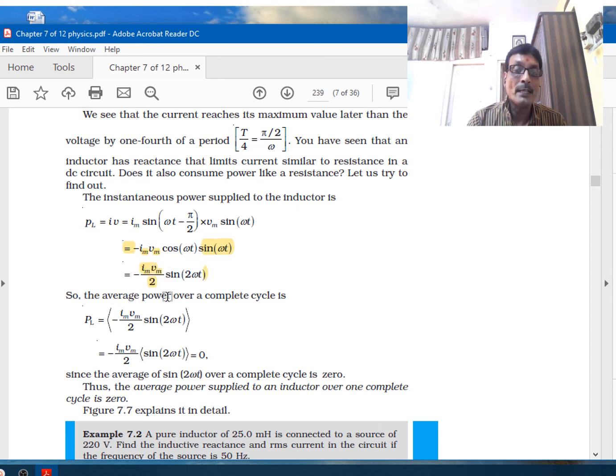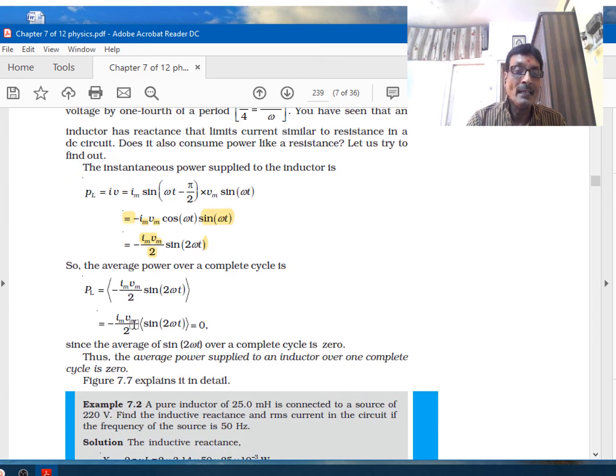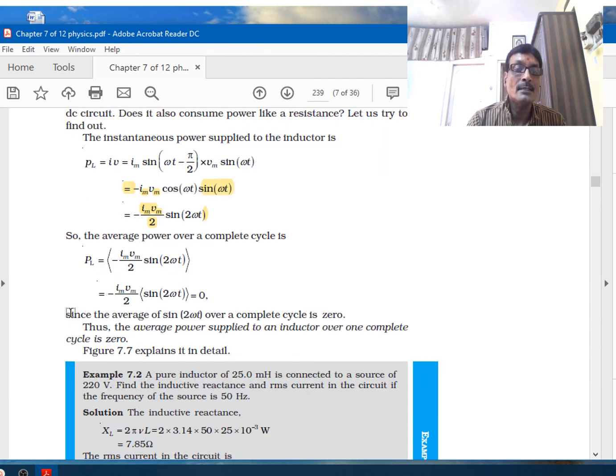But the average power over a complete cycle, PL, is equal to minus Im Vm by 2 sin 2 omega t, which is equal to 0, since the average of sin 2 omega t over a complete cycle is 0, and thus the average power supplied to an inductor over one complete cycle is 0.